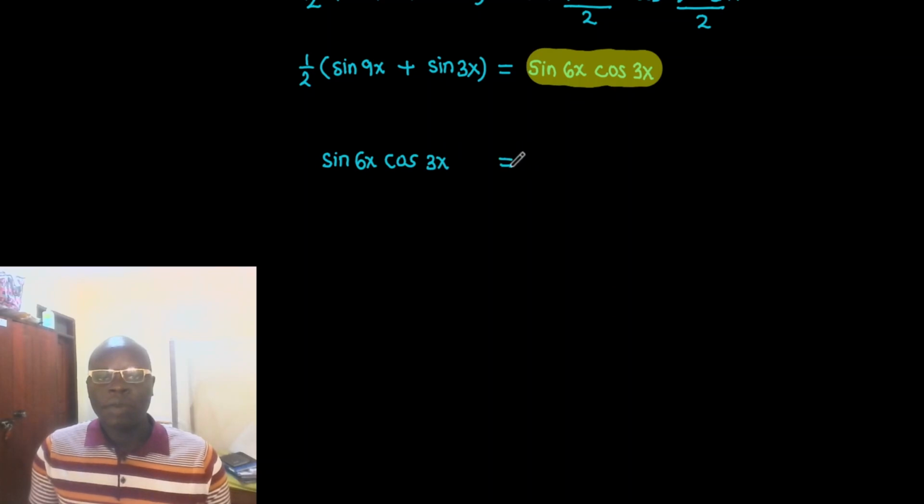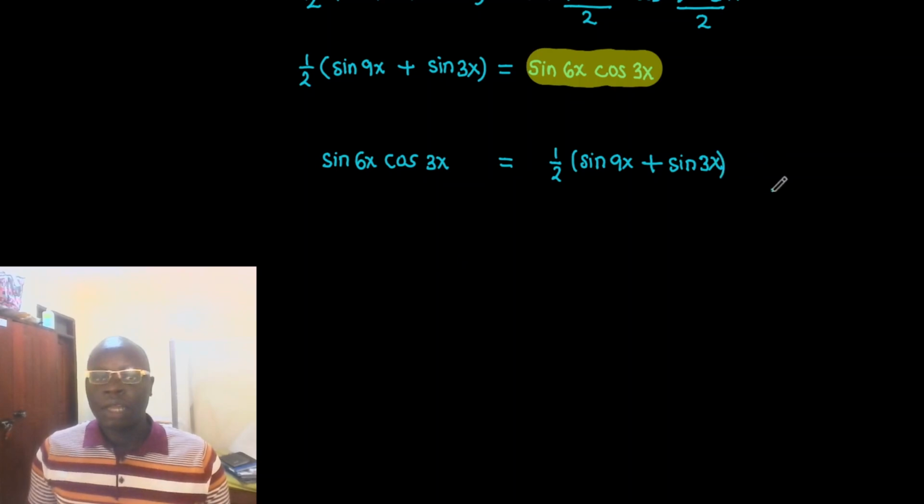This must be equivalent to 1/2 into bracket sine of 9x plus sine of 3x.